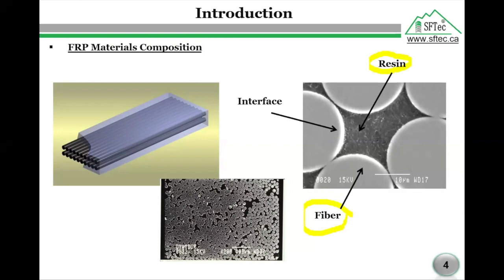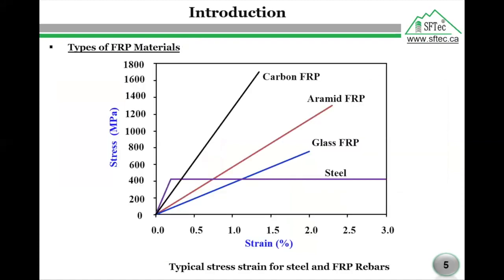FRP materials may be bars or sheets. We are using FRP bars as a creative solution to eliminate steel corrosion problems in many infrastructures located in northern climates, while FRP sheets are used for strengthening and rehabilitation purposes. In our presentation, I will focus on FRP bars.